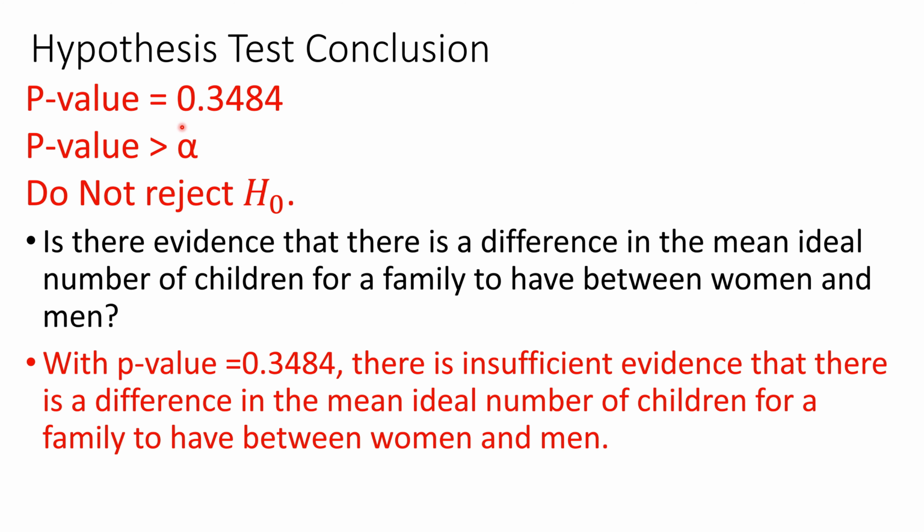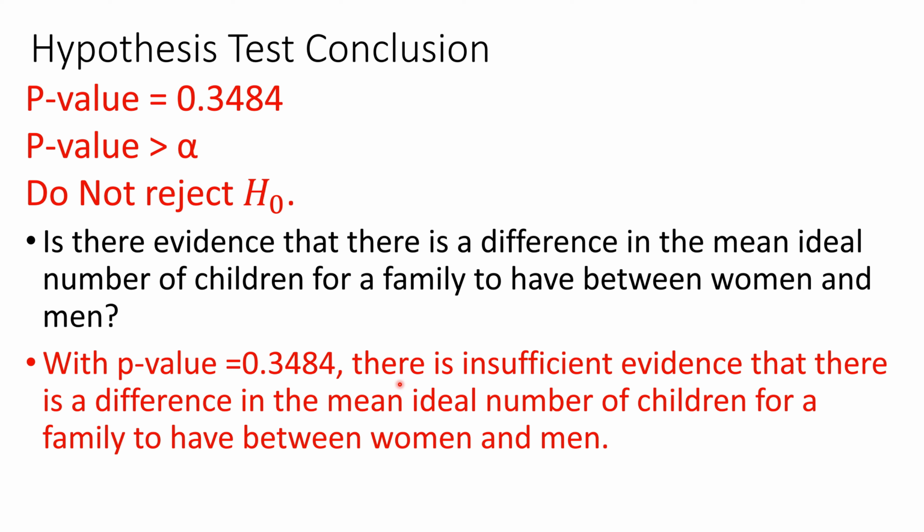Because the p-value equals 0.3484, it is larger than the usual significance level, so we do not reject the null hypothesis. So we can answer this question. Is there evidence that there is a difference in the mean ideal number of children for a family to have between woman and man?